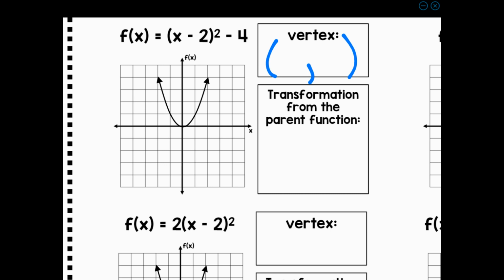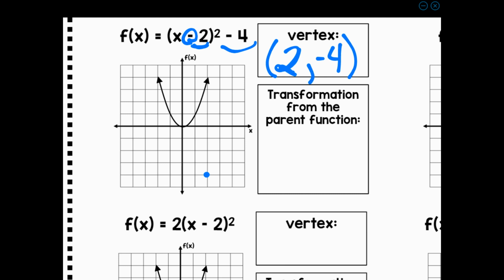What is it going to be, Gavin? I heard you say it. 2, negative 4. Okay, so the x value is this number right here, and its opposite sign. This one keeps the sign. So now when I graph it, my new vertex is at positive 2, negative 4, right here.